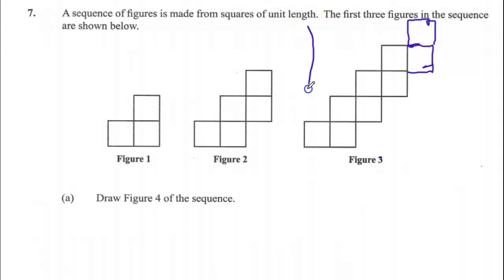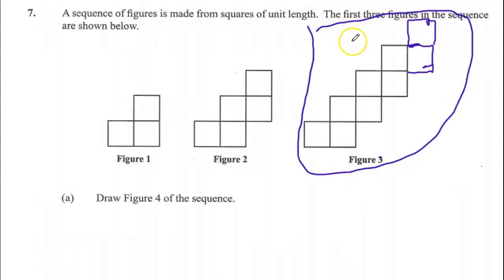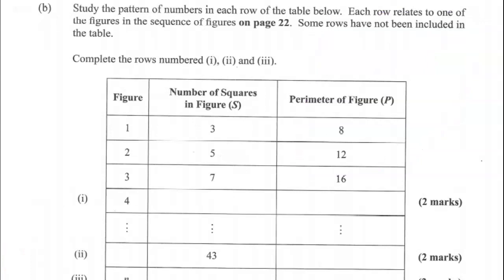So figure 4 should resemble that. Alright? 7 squares. So we just add 2 of the boxes to figure 3 to get figure 4. So figure 4 should have 9 boxes.